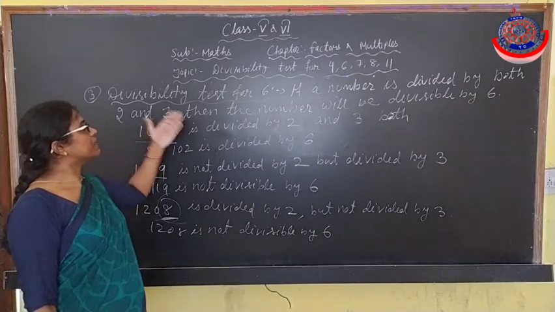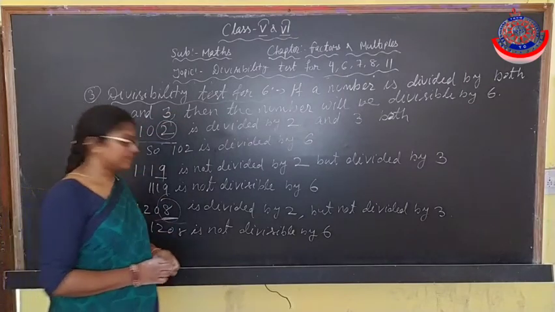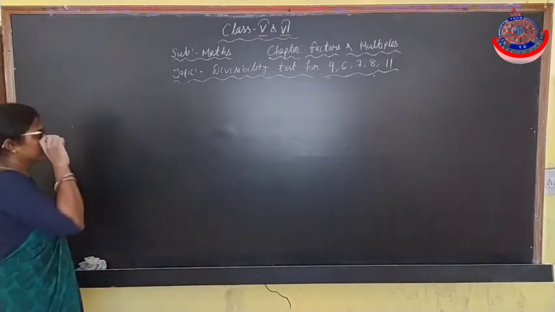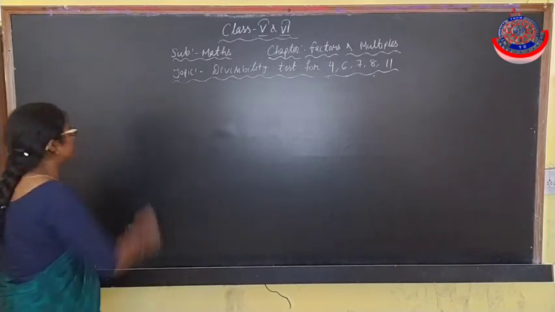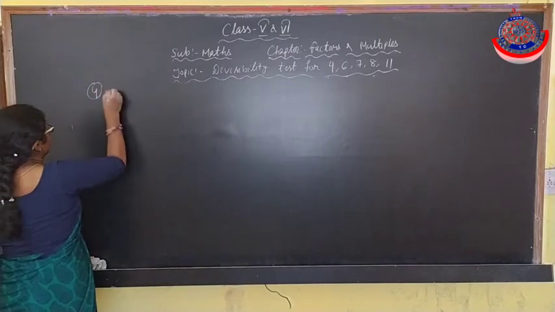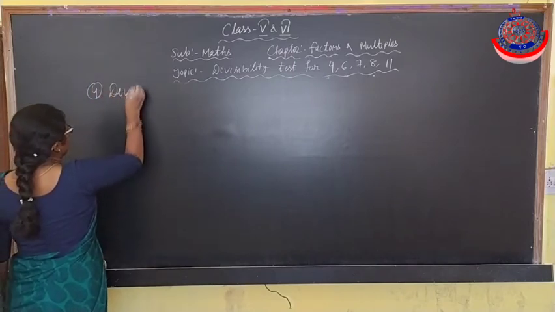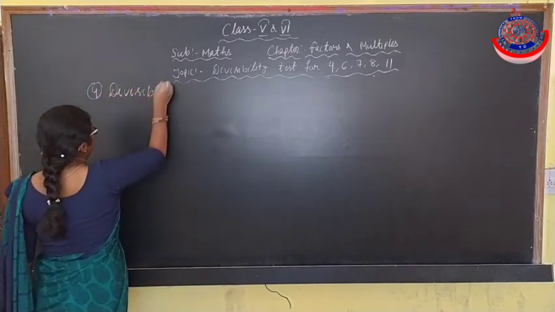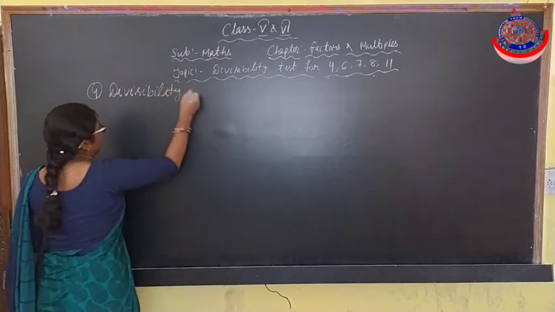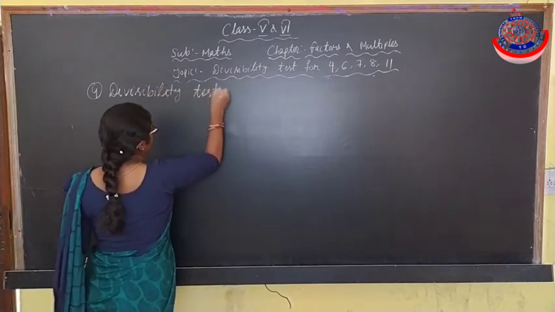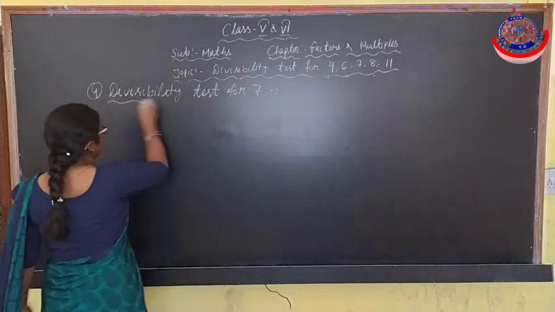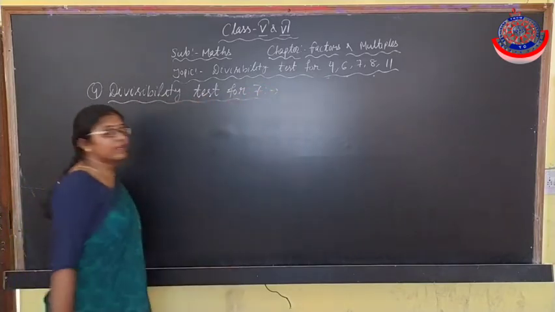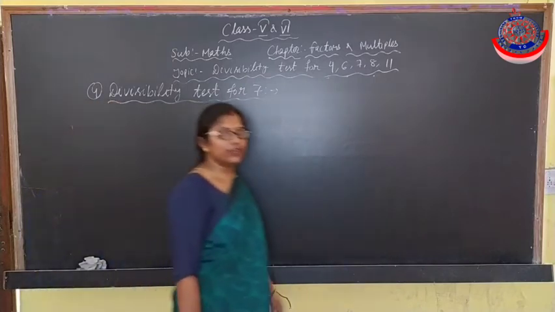Now we will check the divisibility test for 7. Next is our divisibility test for 7. Whether the number is divisible by 7 or not.